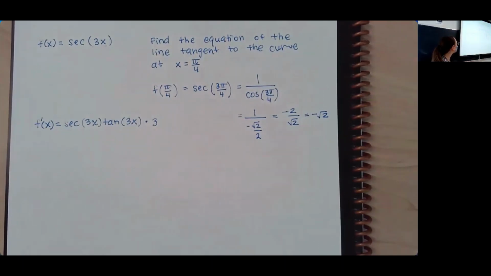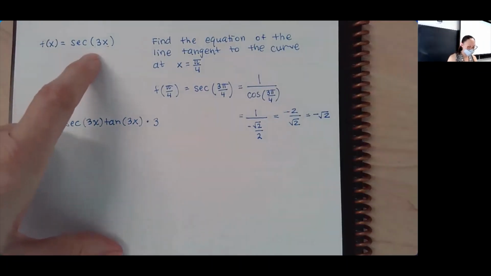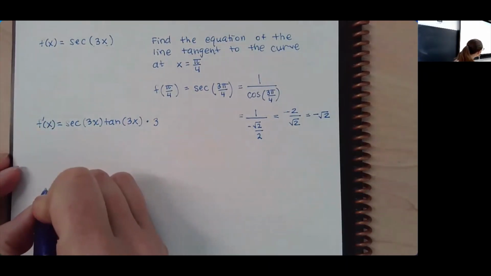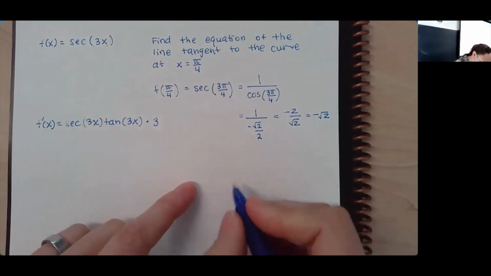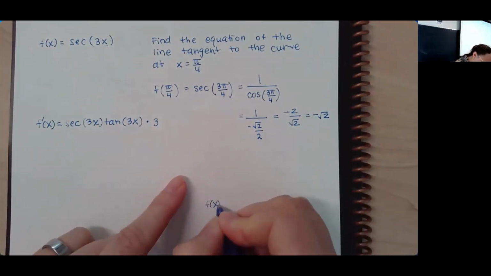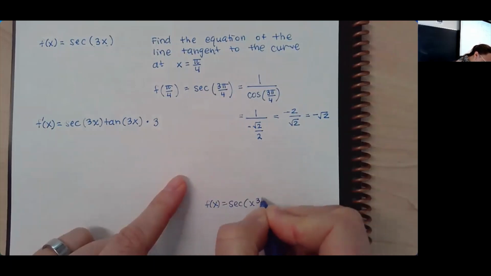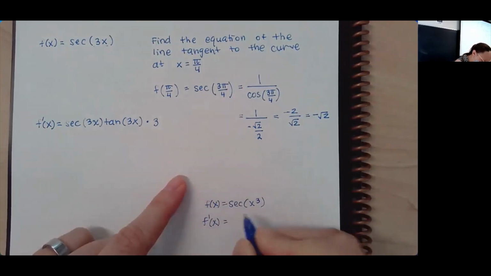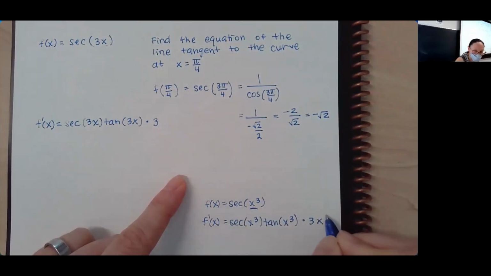Question? How does it apply to something like x cubed, where you'd put secant of x squared times tangent of x squared? Absolutely. So whatever's inside of the secant, we'd have to replicate that. If this were secant of x cubed, then our derivative would look like secant of x cubed, tangent of x cubed, times the derivative of the inside, which would be a 3x squared.